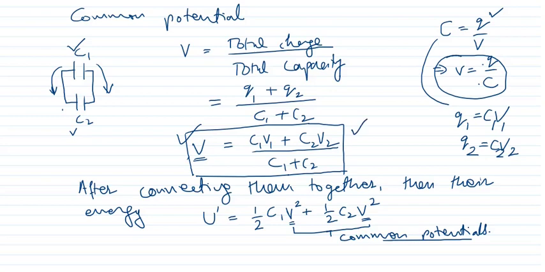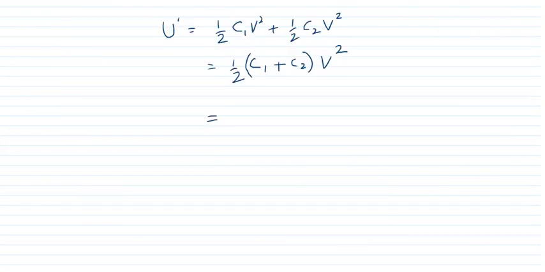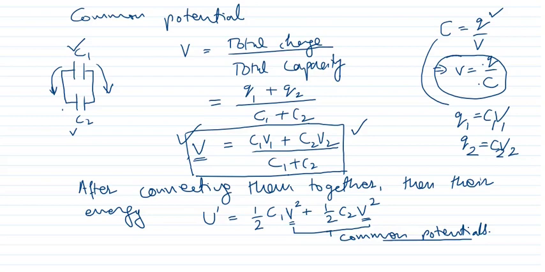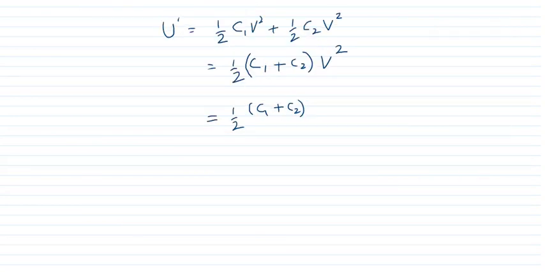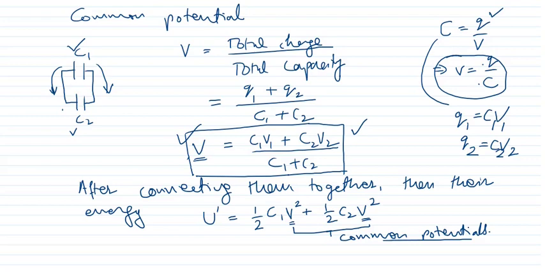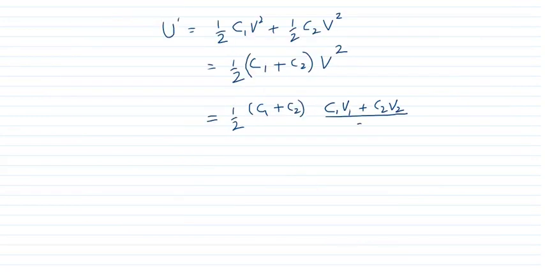V is C1 V1 plus C2 V2 divided by C1 plus C2. It will become 1 by 2 C1 plus C2 times C1 V1 plus C2 V2 divided by C1 plus C2, whole square.